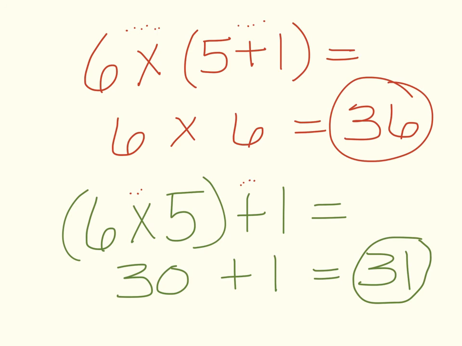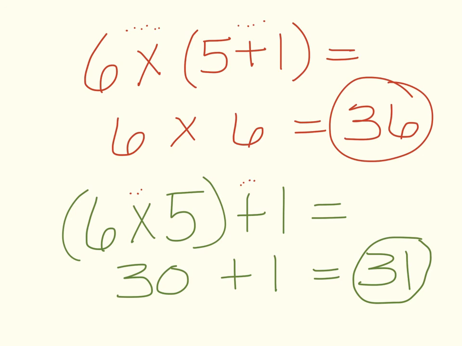And sometimes you may end up with a comparison symbol between them. So you might see 6 times 5 plus 1, and then the sign for greater than, less than, or equal, the circle, 6 times 5 plus 1. Well, then when you do them both out, you'd realize that the first one is the bigger one, so you'd have greater than. So just be careful.